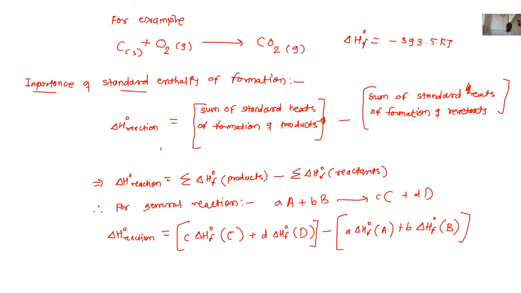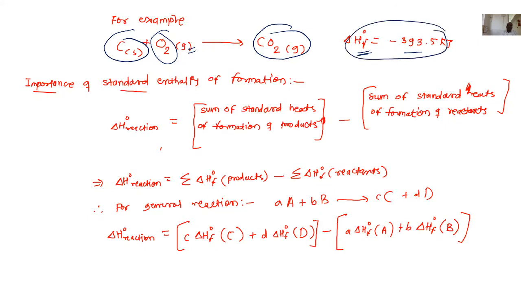Next example. Suppose solid carbon plus oxygen gas react, forming CO2 gas. The standard enthalpy of formation for this reaction is minus 293.5 kilojoule.